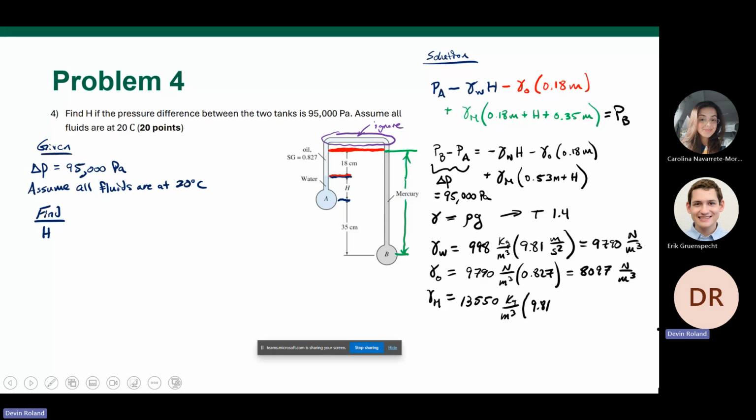Okay, so then we multiply by gravity, meter per second squared, and that's going to be equal to 132,926 Newton per meter cubed.